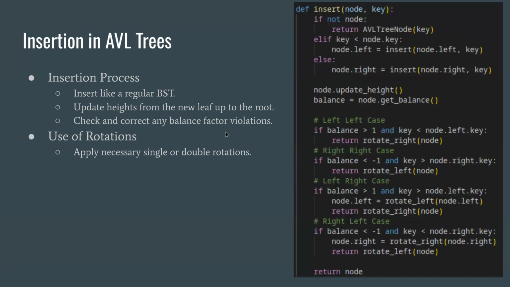Insertion in AVL trees. Inserting a node into an AVL tree starts by following the standard binary search tree insertion process. The difference is that after inserting, you want to traverse back up the tree, updating heights and checking the balance factor.